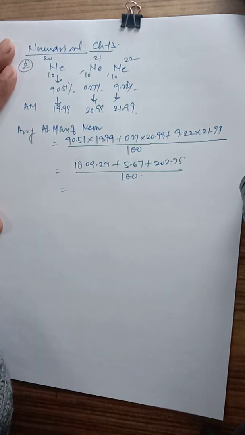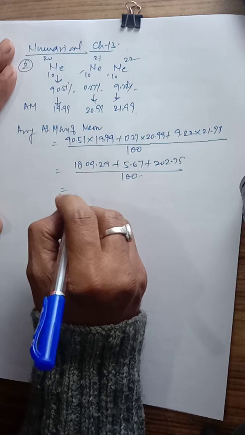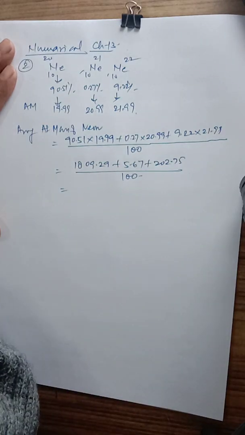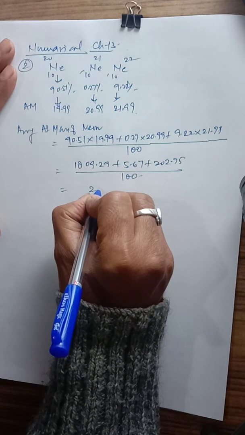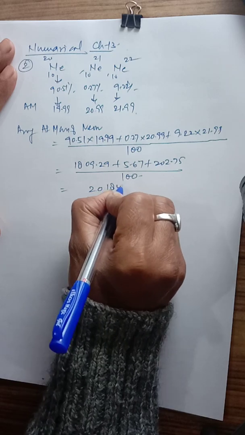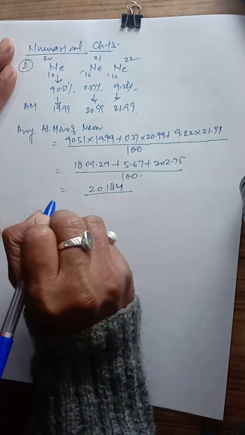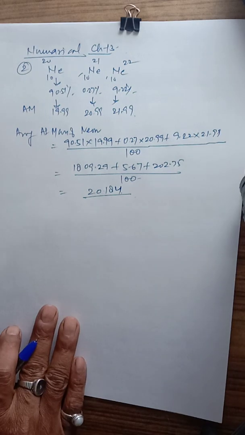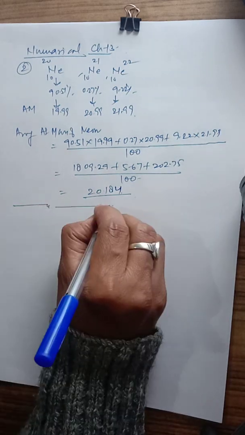So when we do the total divided by 100, it gives you 20.18 unit. So this is the average mass for that.